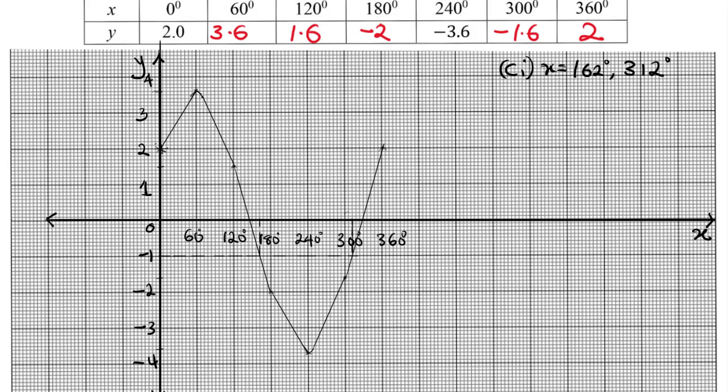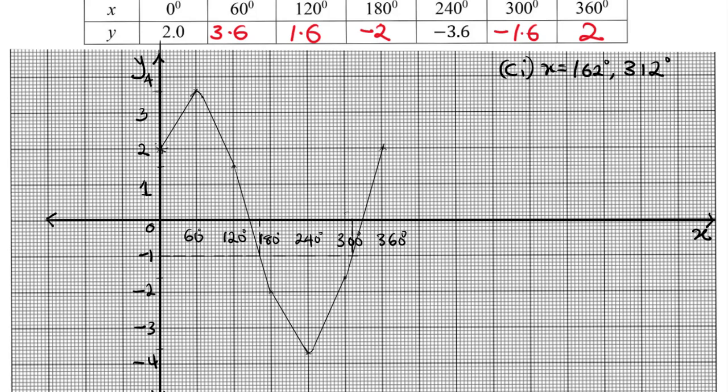Since it's going to be around this point, of course it's going to be 300 plus 7 boxes, because 7 boxes will give you 42. Why? Because we know that each small box is 6 degrees, right? So we count 7 boxes and add it to 300, and it's going to be 342, because 6 times 7 is 42.